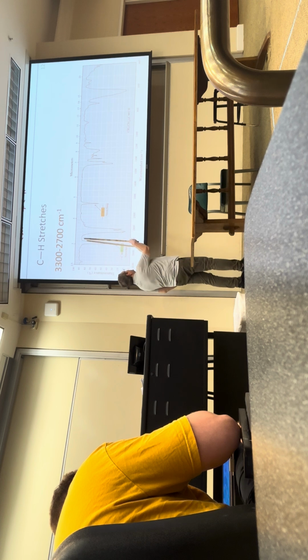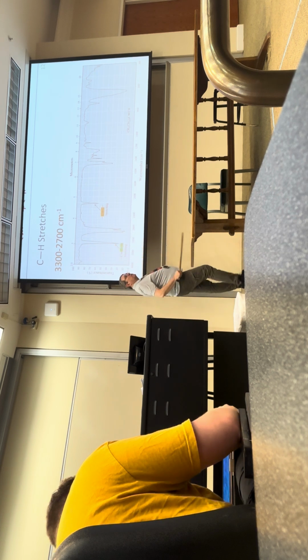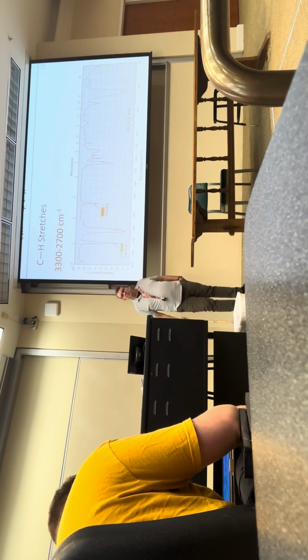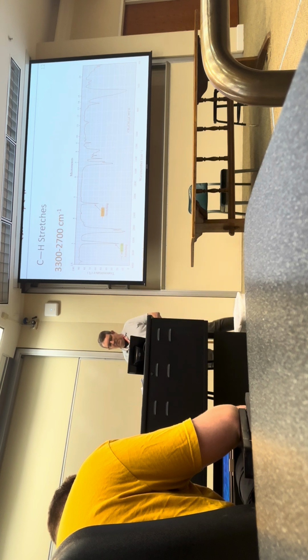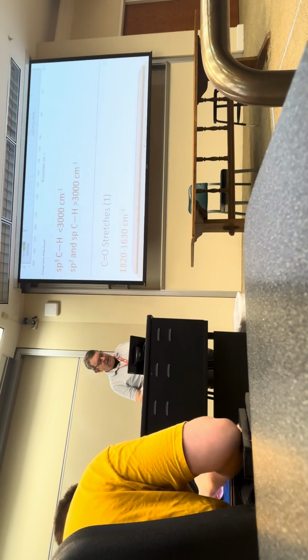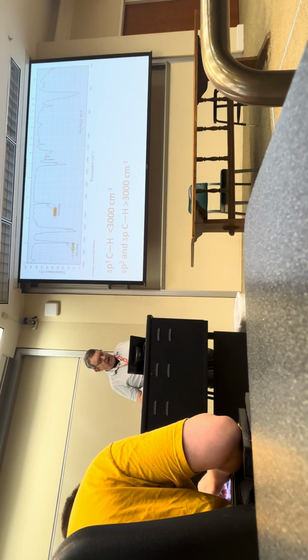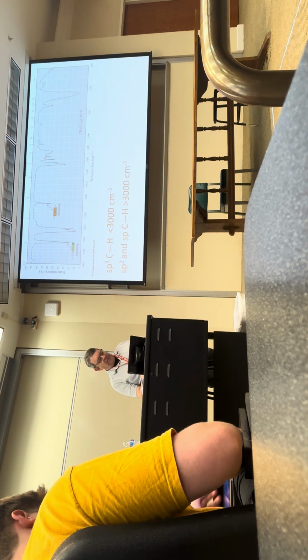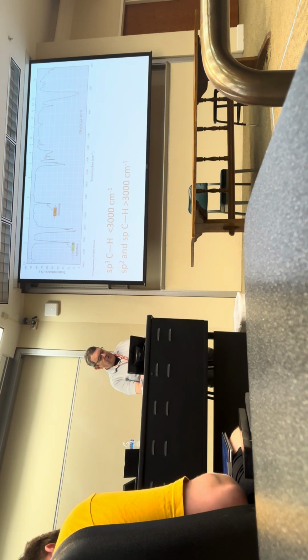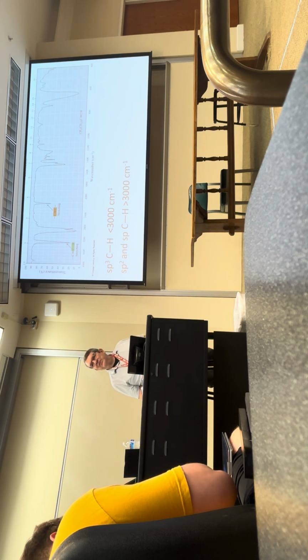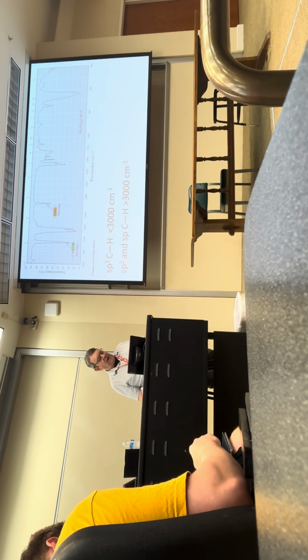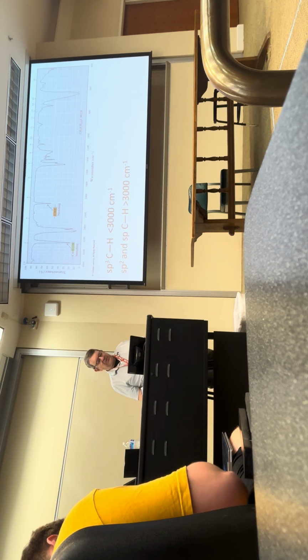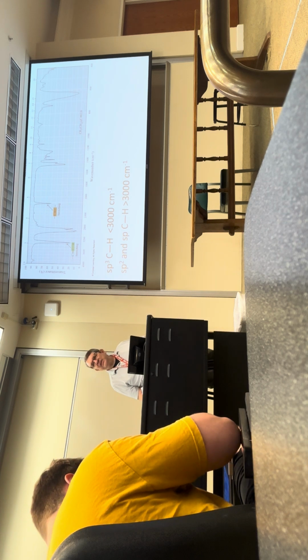And this is actually sp. It's a little bit further down even than sp2. But this is kind of giving you some idea of how that will work. And like I said, we're basically just going to say if it's above 3000, it's sp2. I guess it could be sp as well. And if it's below 3000, it's an alkane type of CH.